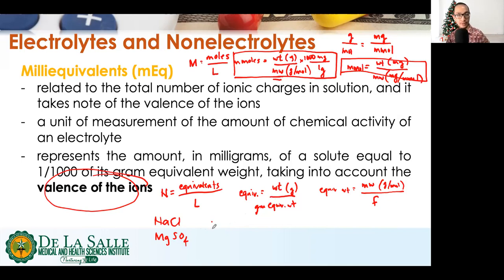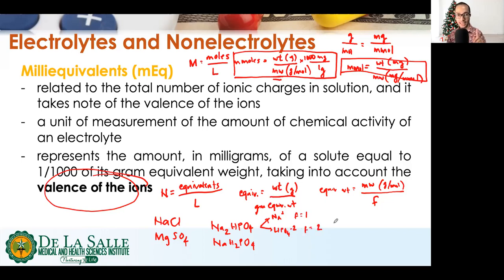Now, what about this? What if we have dibasic sodium phosphate and monobasic sodium phosphate? In this case, we have to take note of which ion we are referring to. If we are referring to the sodium ion, then the factor is 1. But if we are referring to the phosphate ion, the factor is 2.